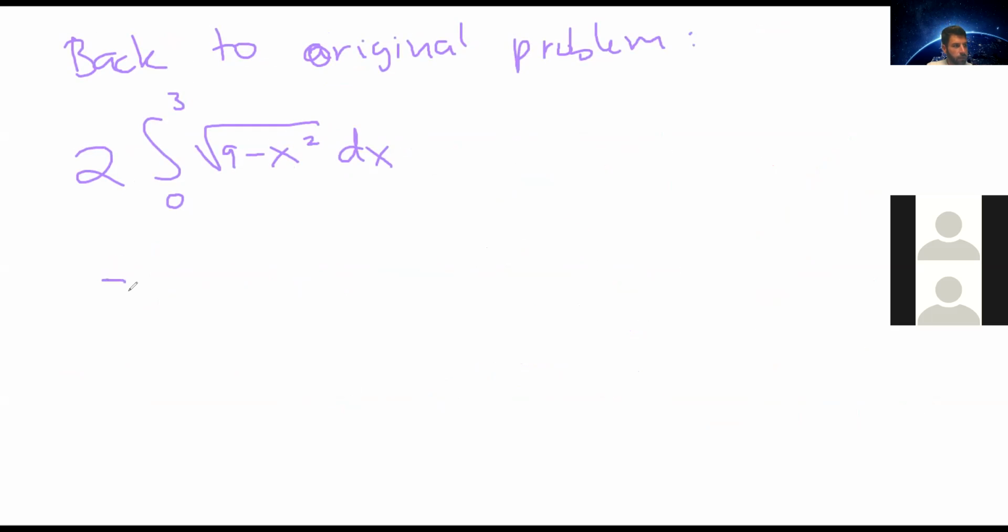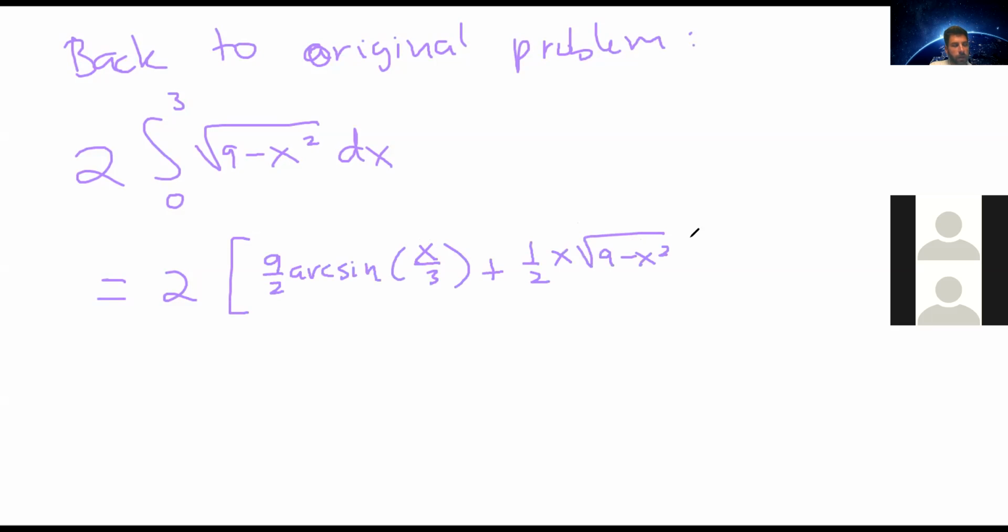What we just found is this is 2 times the antiderivative: 9/2 arc sine of x over 3, plus 1/2 x times the square root of 9 minus x squared, evaluated from 0 to 3.